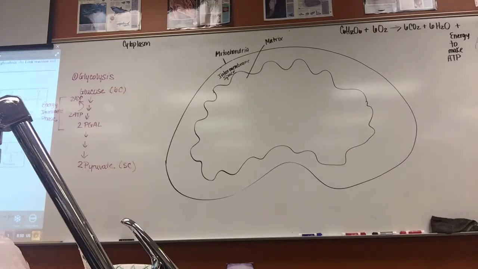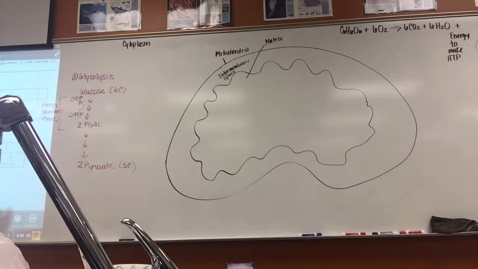So, because the potential energy goes high to low, some of the energy that's stored in this molecule is used to make NADH as well as ATP. Because to make ATP, that's an endergonic reaction. You have to have energy to put the phosphate back onto ADP to make ATP. So where does that energy come from? It comes from these reactions that are exergonic releasing energy.